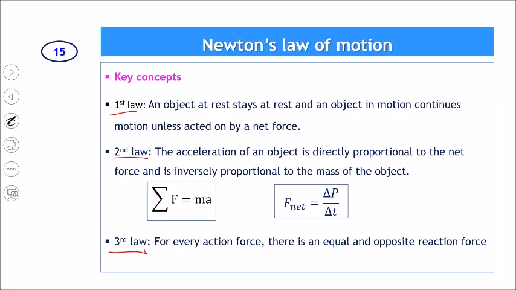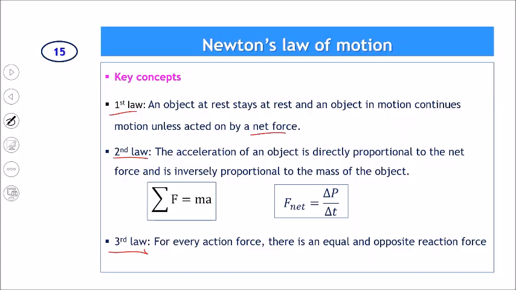If it is in uniform motion, it will continue moving with constant velocity unless a net force is acting on it. The other name for Newton's first law is the law of inertia. The law of inertia tells us that if an object has large mass, then its resistance is also large.